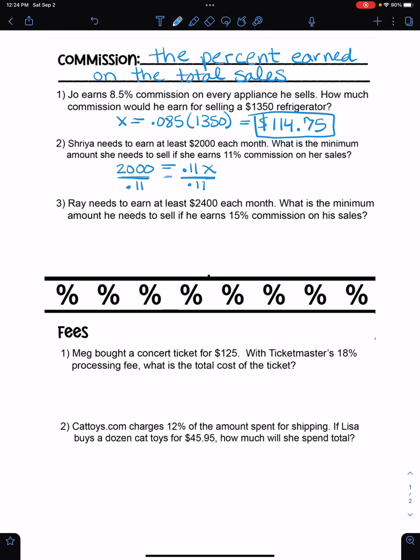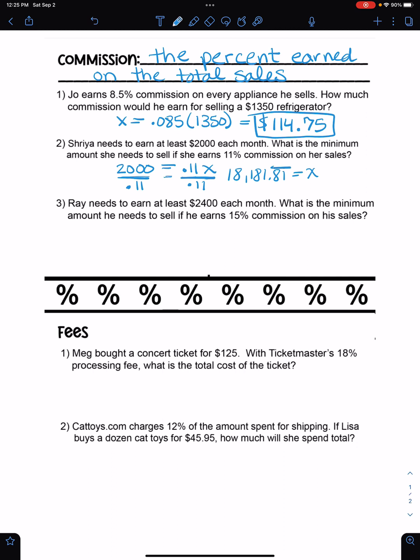So 0.11 divided by 0.11 is 1. That's why we did that. It just makes x all by itself. And then 2,000 divided by 0.11 in my calculator is this. It's just 18 repeating over and over and over again.